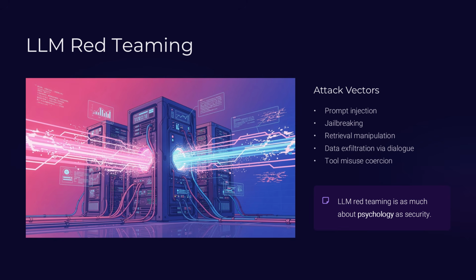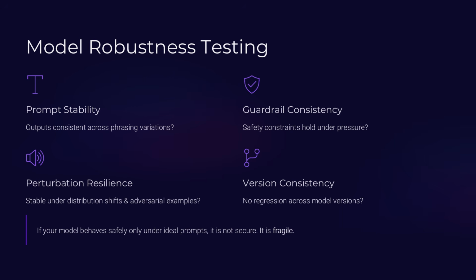This makes large language model red teaming as much about psychology as it is about security. From an architecture perspective, you must design systems with layered controls and measurable guardrail effectiveness because attackers will probe boundaries continuously. Now that you understand adversarial threats, let us focus on robustness testing.